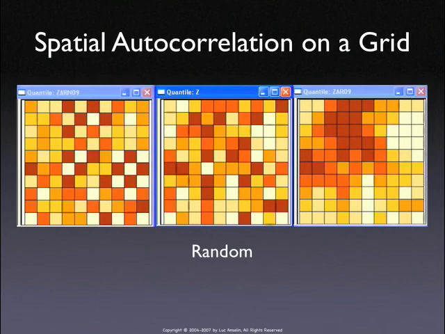Then I put this through a spatial regression model to create negative spatial autocorrelation with the same random standard normal random numbers, and then I end up with a map like this, which is characterized by the checkerboard pattern. So the extreme negative spatial autocorrelation is black, white, black, white, black, white. Your neighbors are complete opposite of what you are.